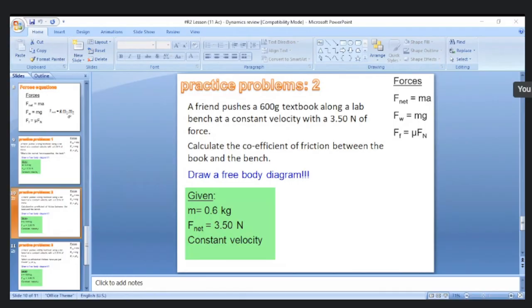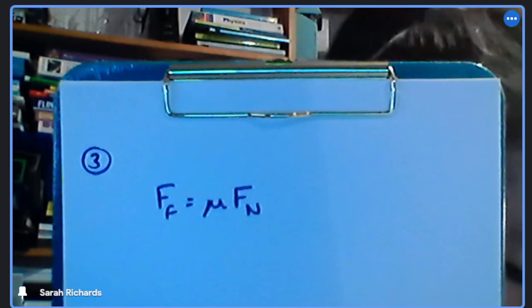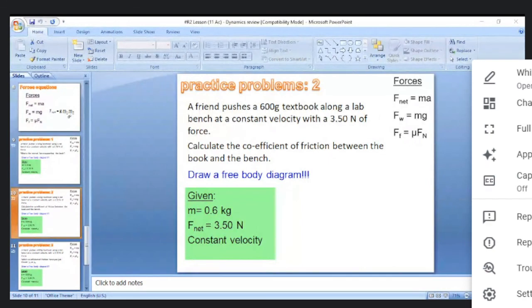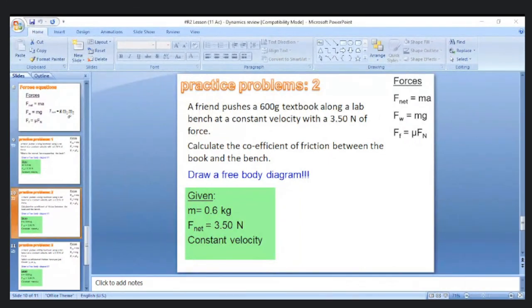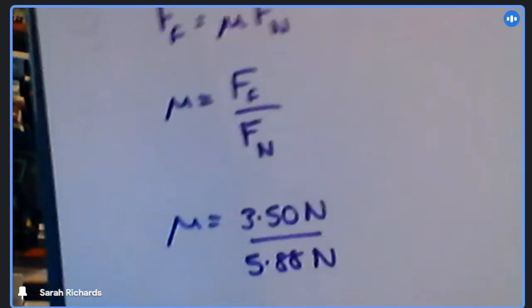so we're going to be using that equation. We already have a lot of the information we need from the last question. But I do need to rearrange that equation to be able to solve this. So I've rearranged that and put the numbers in.